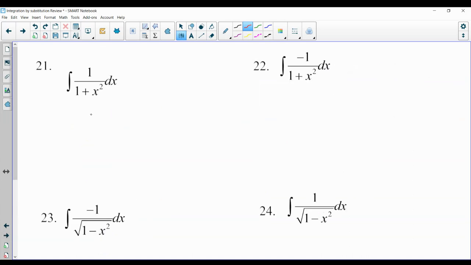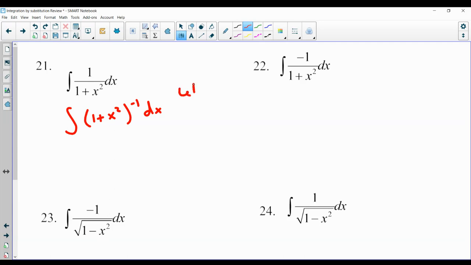All right. So these are wicked, wicked important. Oh my. And this is my last screen. I really hope you're still with me. So going by what we talked about, I'm going to bring this up, and I get 1 plus x squared to the -1. Okay, just showing you some stuff.